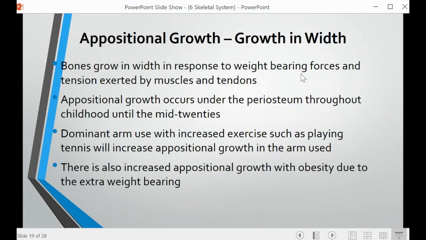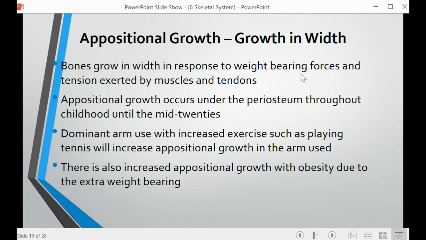We can also have what's called appositional growth, and this is where we grow in width, so the bones actually get wider, and this is what happens with that remodeling a lot, right? So the bones can actually grow in width in response to weight-bearing forces and tension that's exerted by muscles within the tendons. So if you do a lot of exercise, we're going to get to see that appositional growth, right?